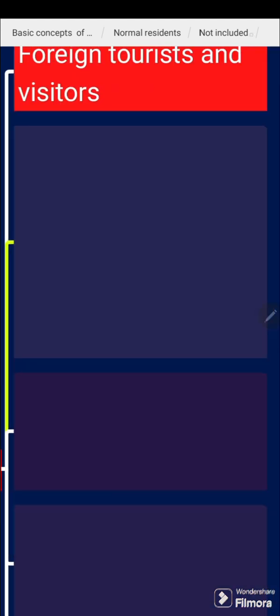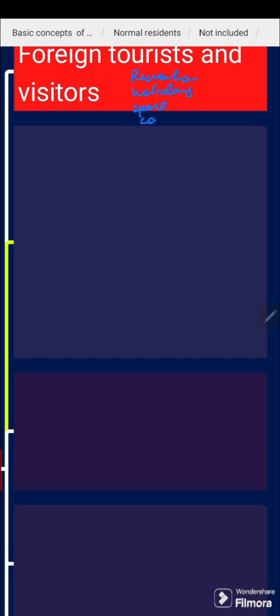The first category which is not considered as normal residents of the country are foreign tourists and visitors moving for the purpose of recreation, for holidays, your cricketers going to other countries to play matches, basically for any kind of sport when you are visiting.